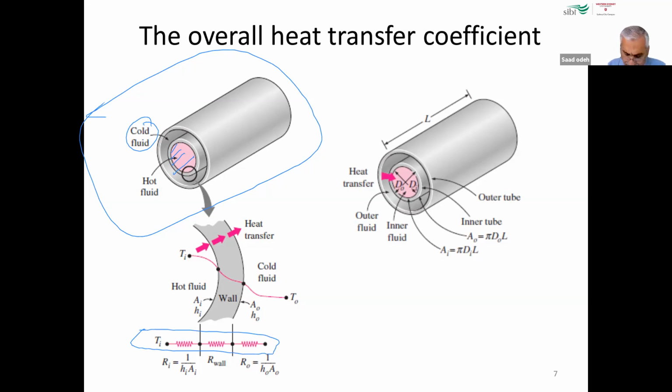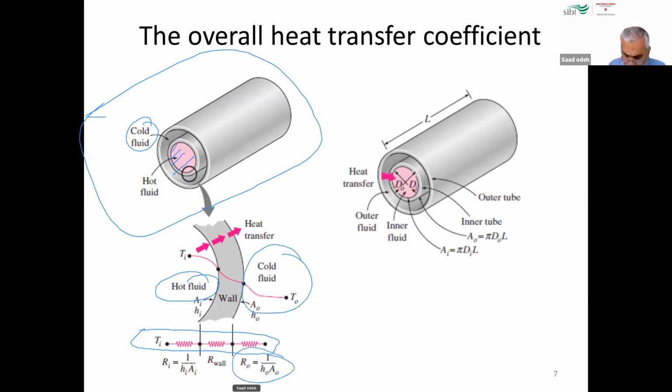The first one represents the hot fluid thermal resistance, related to the heat transfer coefficient of the hot fluid in the inner side of the tube, while at the outer side of the tube the cold fluid also has thermal resistance, related to the heat transfer coefficient of the outer fluid.